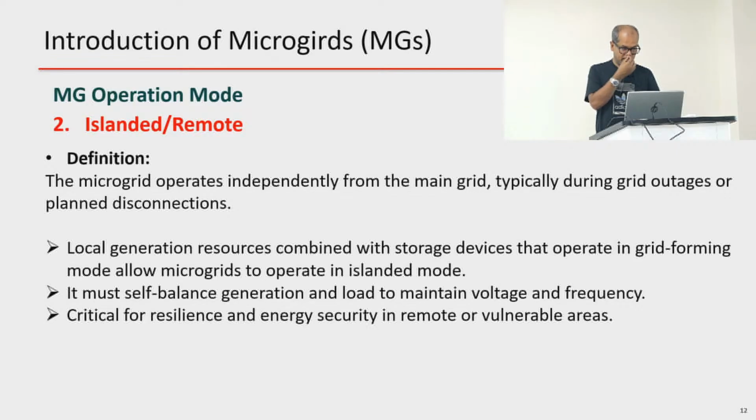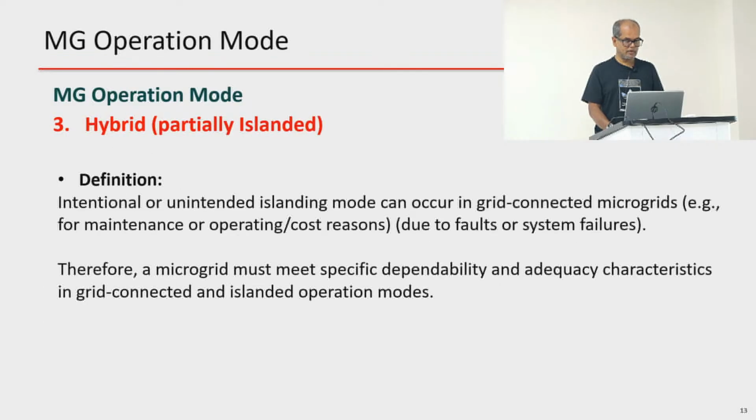We don't have any synchronous generator which provides inertia, and the power electronic devices are very sensitive. That's why here we need very reliable and intelligent control to make sure that the microgrid in islanded mode can operate in stable condition.